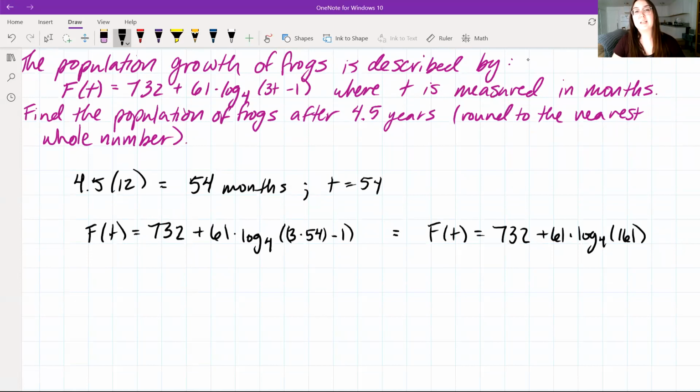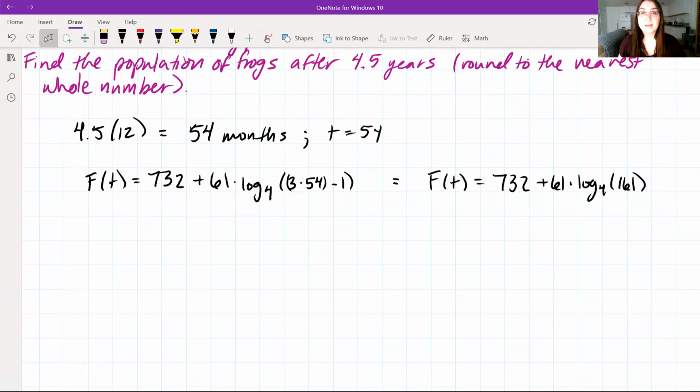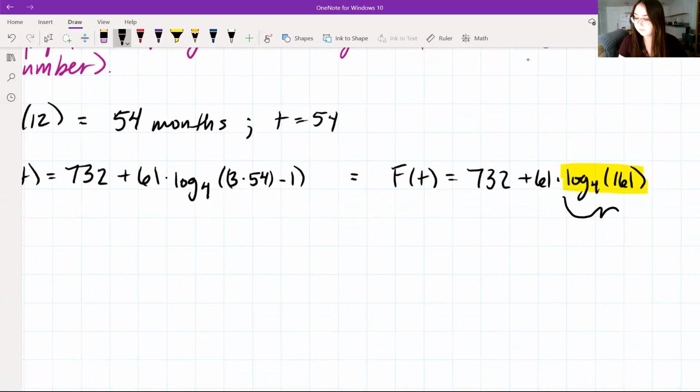It's hard to find a calculator that will calculate this value, especially with a different base. So we're going to use our change of base theorem.